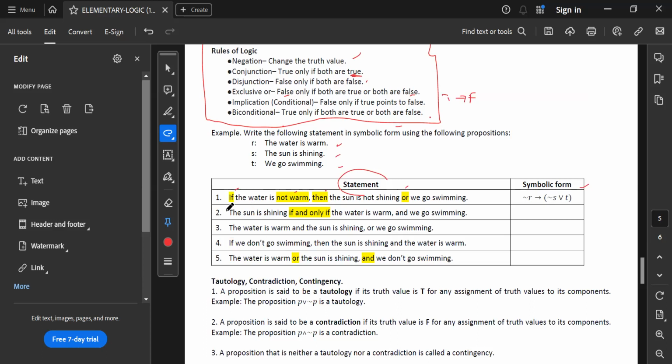For the first statement, if, so we saw an if-then, which is an implication statement. So we expect the arrow symbol, and then the or, the inclusive or, because we did not use either-or, it is just or.